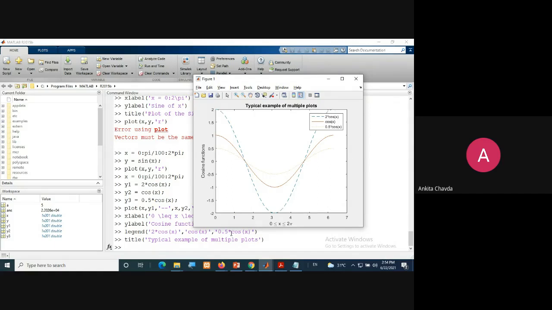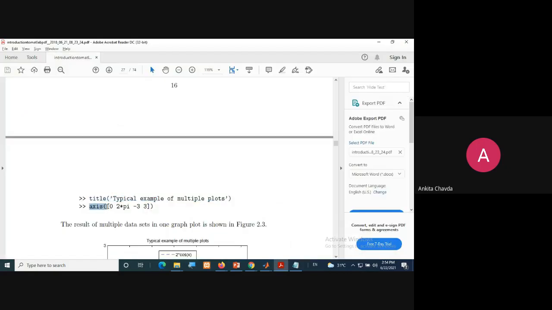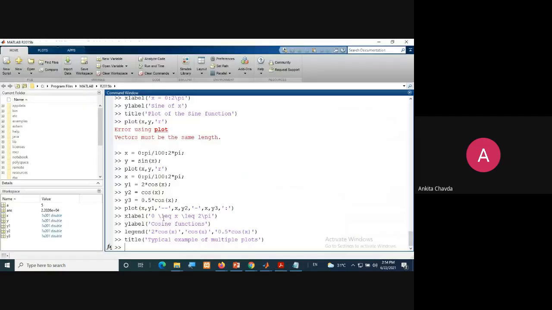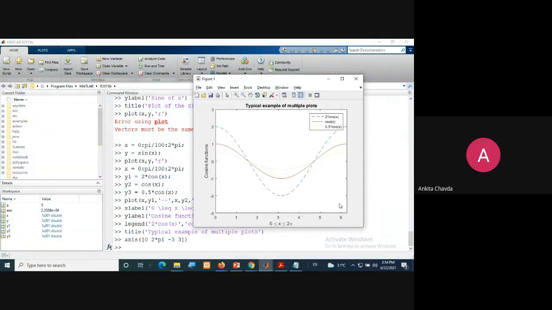So what I need to do, I have this axis. Axis is a command where you are writing the vector, that is 0 to 2 into pi for x, and -3 to 3 for y. Now you can check this. Have you seen this? It is changed now. -3 to 3, and here 0 to 6 point something. So it is exactly 2 pi.